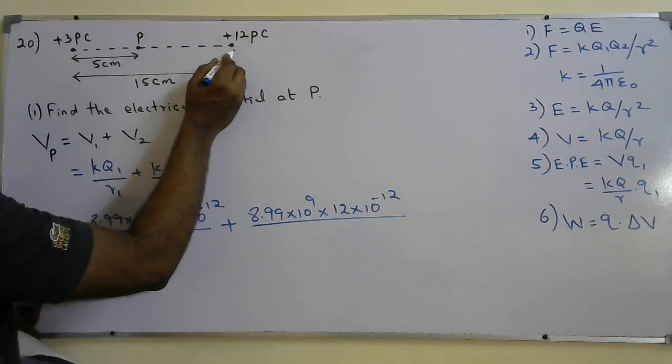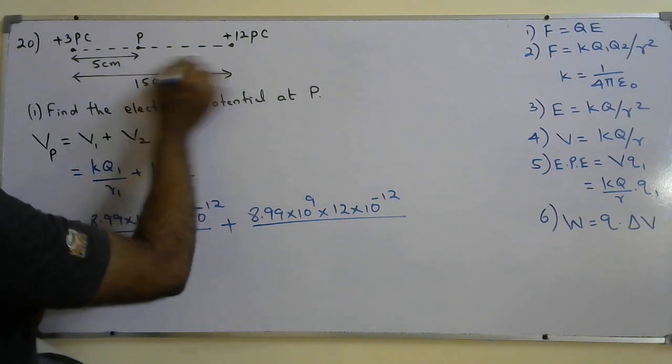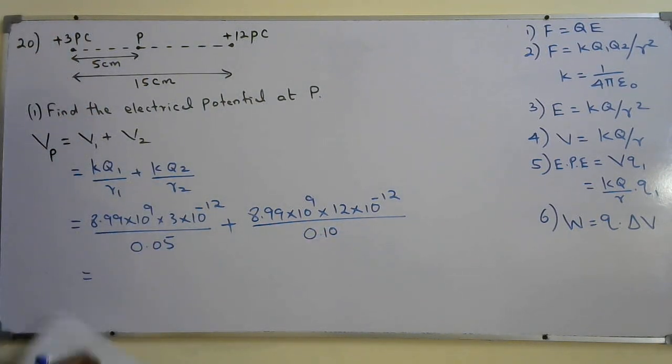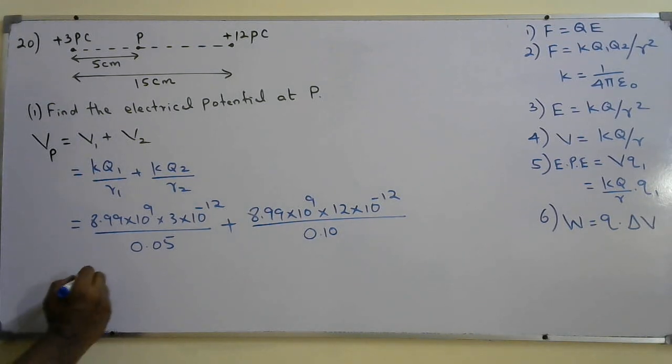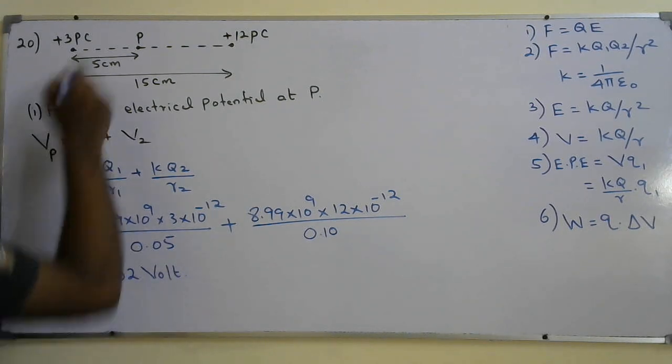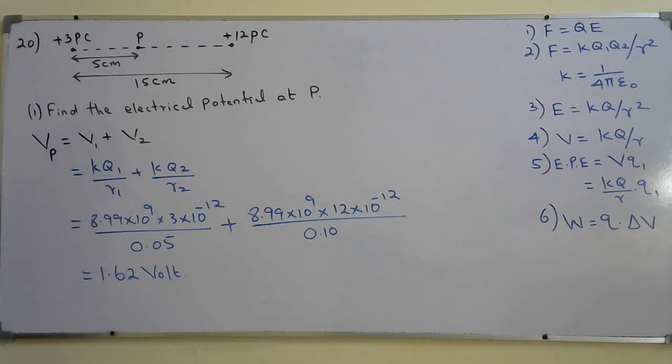The distance of P from here: this is 15, this is 5, so that is 10 centimeter, 0.10. Solve it and you will get 1.62 volt. That's the electric potential at point P.